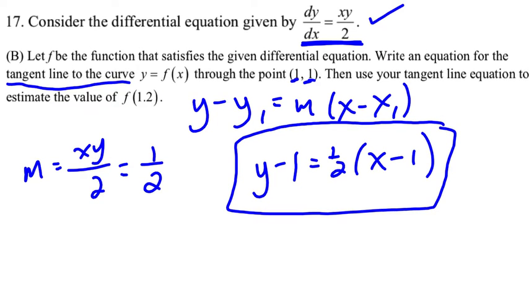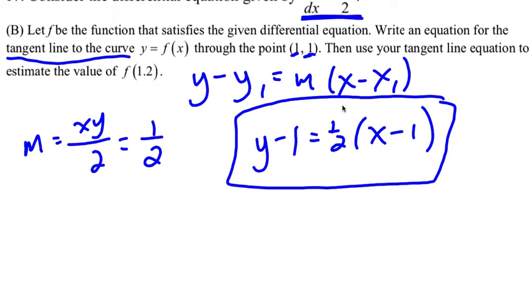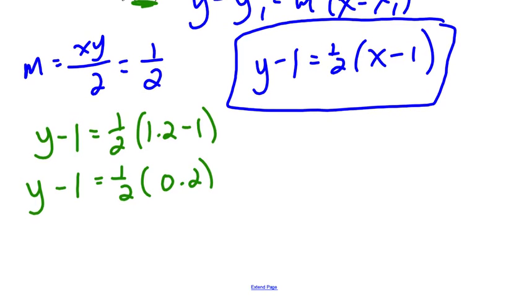All right, so there's the first part, and it says use your tangent line equation to estimate the value of f of 1.2. So we're going to plug this in for x and see what we get for the y coordinate. So y minus 1 is equal to 1/2 times 1.2 minus 1. We're just going to solve this for y. 1.2 minus 1 is 0.2, which is the same thing as 1 over 5.